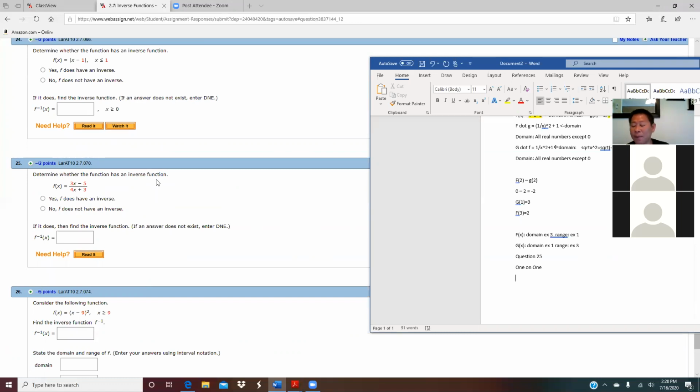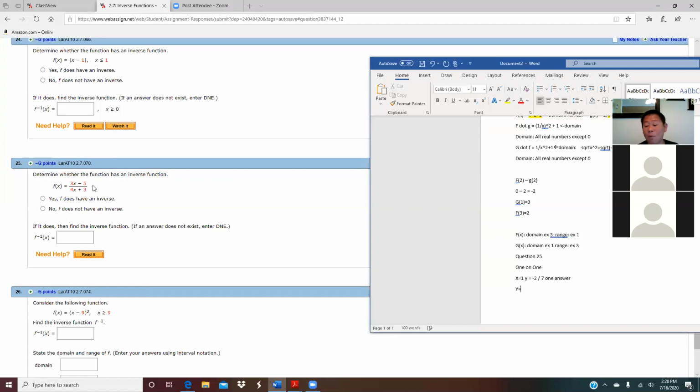One-to-one means that if you plug in one number for x, you get one number for y. So we can always check it. So when you plug in x as 1, you will get y, you will get 3 minus 5, which is -2, and 4 plus 3 is 7, so you got one answer. So that's good. And you have to do the opposite now.